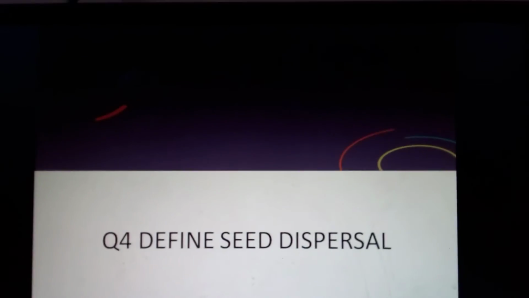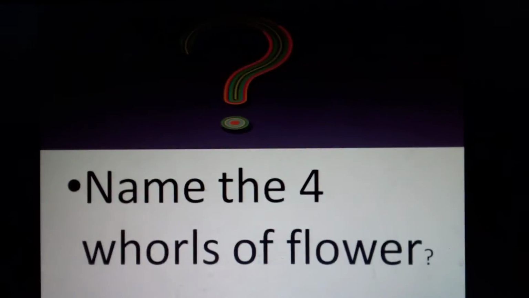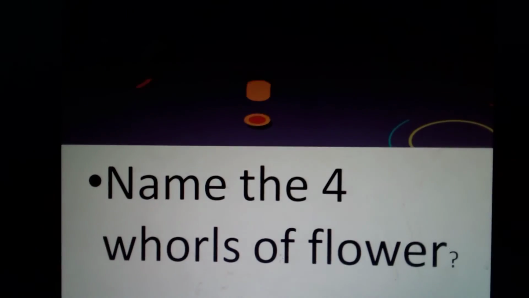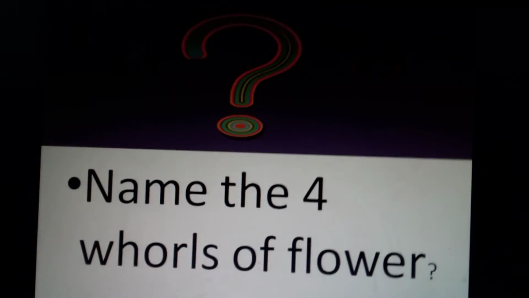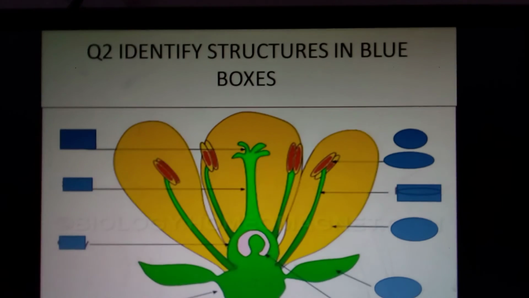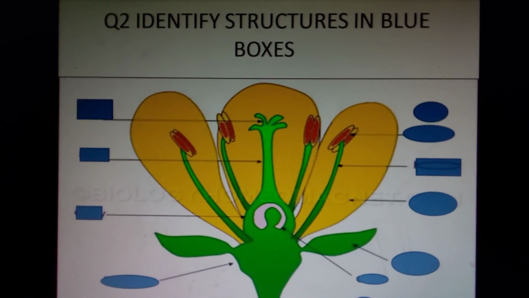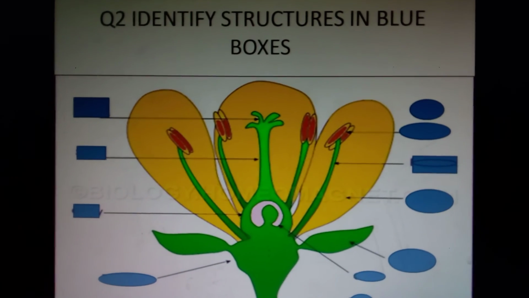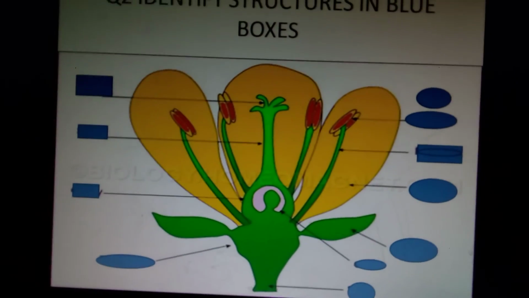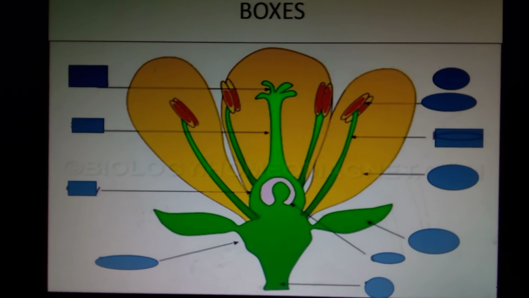I'll repeat all these questions once again. Question number 1: name the 4 whorls of flower. Question number 2: identify structures in blue boxes. Here I have given a flower diagram to you. You have to identify the structures in the given boxes.